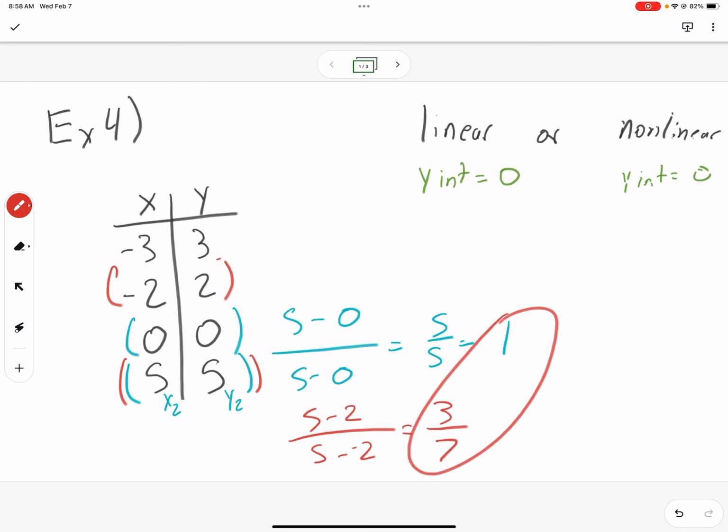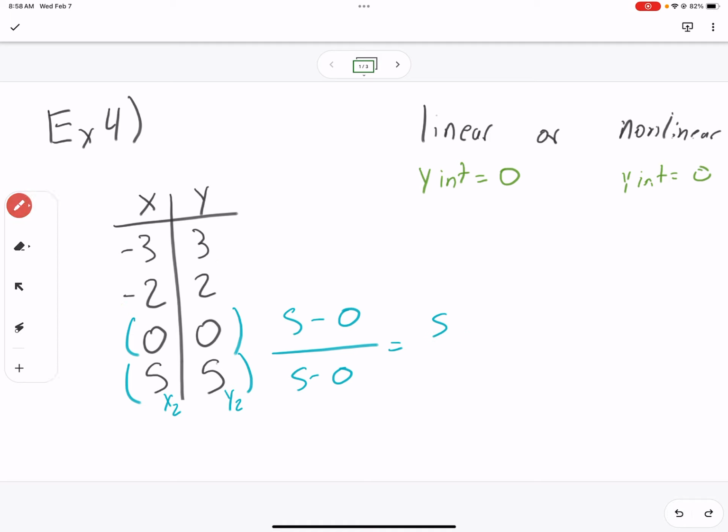And is that a linear function? No, they have different slopes, so it's not linear. This is actually the graph of the absolute value of x, and it kind of looks like this, where it bends in the middle. If you used points from here to here, it'd be linear.